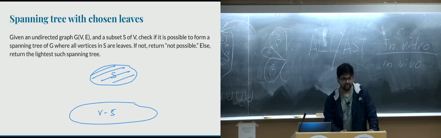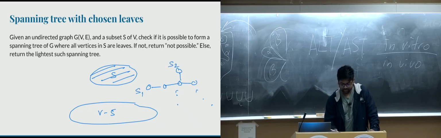So you will have an MST or a spanning tree something like this. Let's say S1, S2, S3 are the vertices. They should only occupy these leaves. Is it clear?